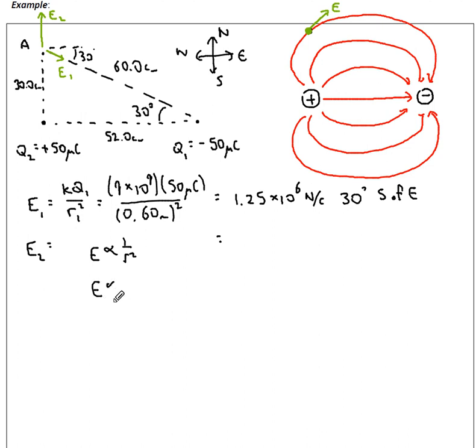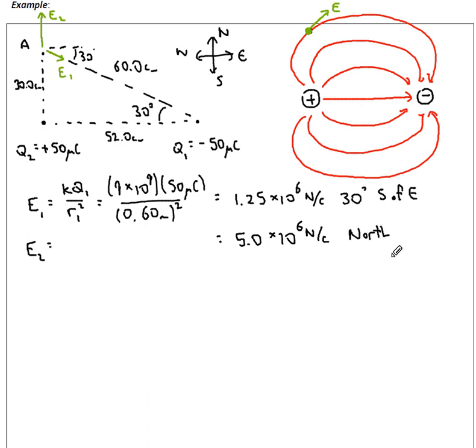So if we replace that R with a 1/2 squared, you can see that's equal to 4. So our electric field is going to be 4 times greater for E2. If I just take our 1.25 times 10 to the 6 and multiply that by 4, we get 5.0 times 10 to the 6 newtons per coulomb, and that is in the north direction.